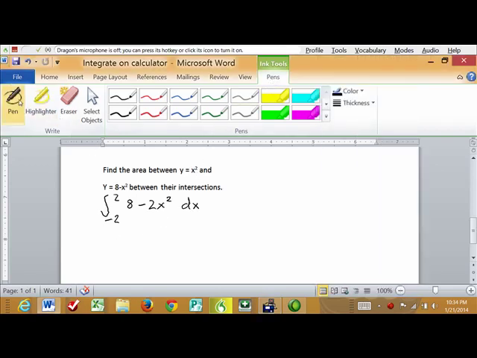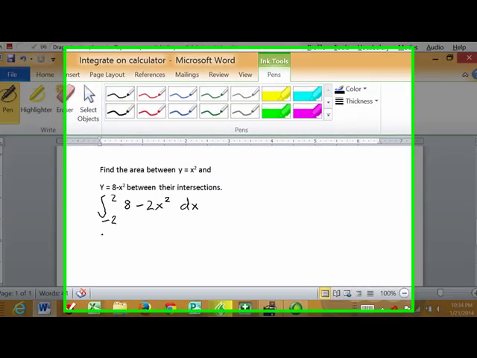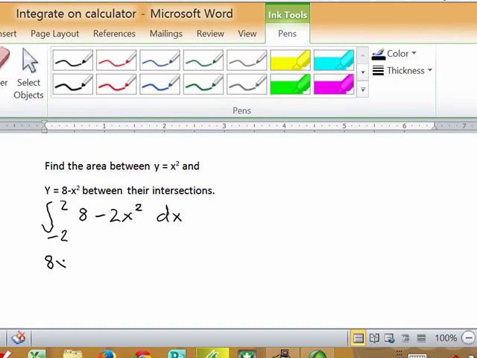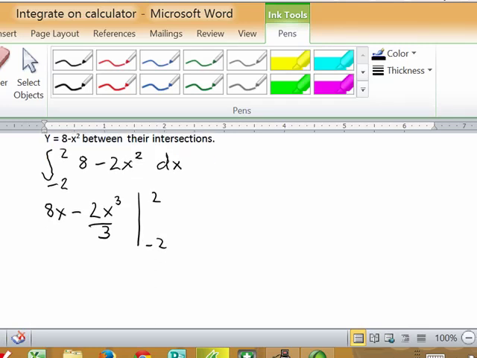To figure out this integral, what you have to do is take the antiderivative first of all. So the antiderivative of 8 minus 2x squared becomes 8x minus 2x cubed over 3, and then you're going to evaluate between negative 2 and 2. The way to do that is we plug in 2 first, so we'll have 8 times 2 minus 2 times 2 cubed all over 3.